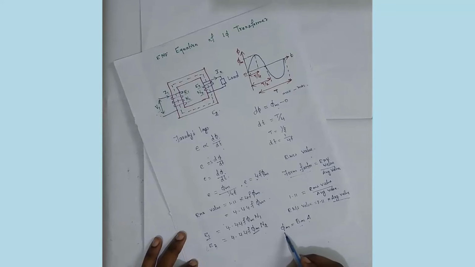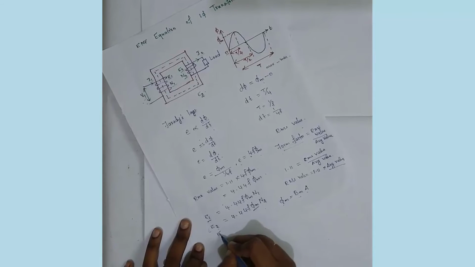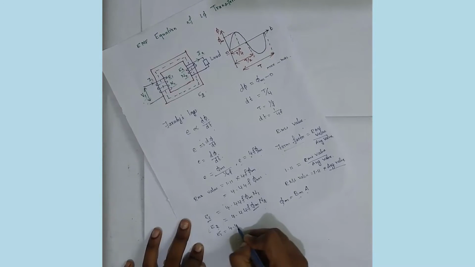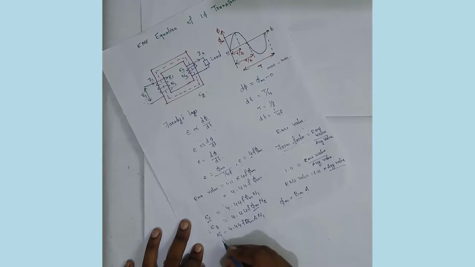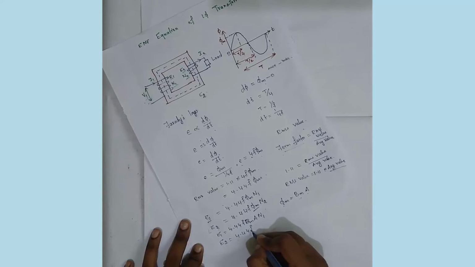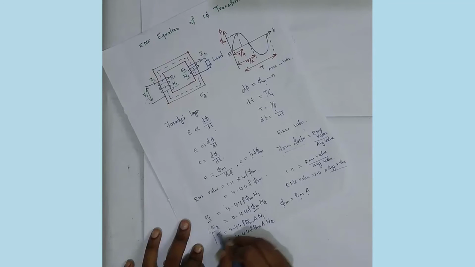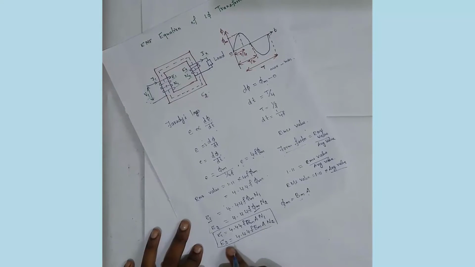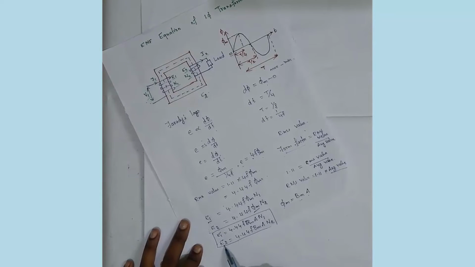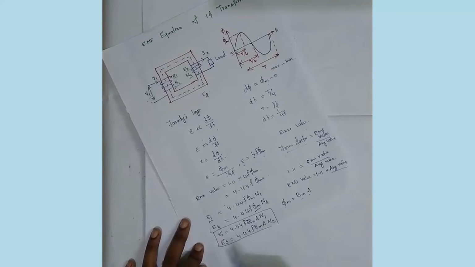Substituting the value of maximum flux, we get E1 is equal to 4.44 f Bm A N1, and E2 is equal to 4.44 f Bm A N2. This is the induced EMF value for the primary winding and the secondary winding. Thank you.